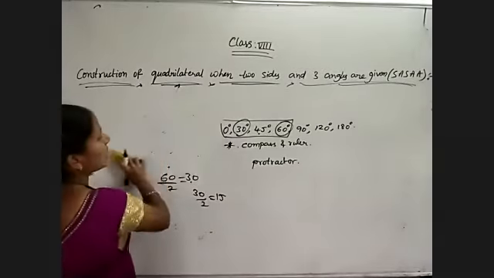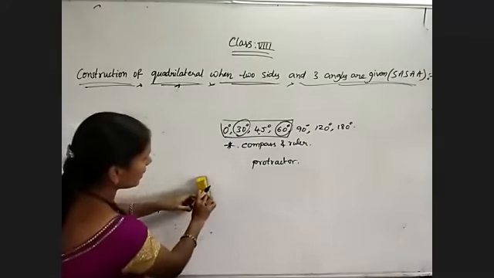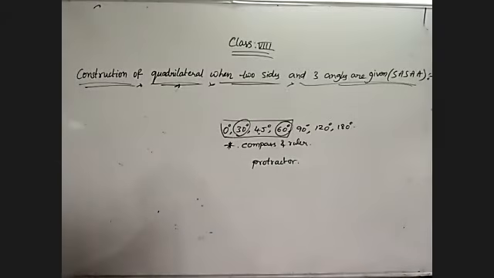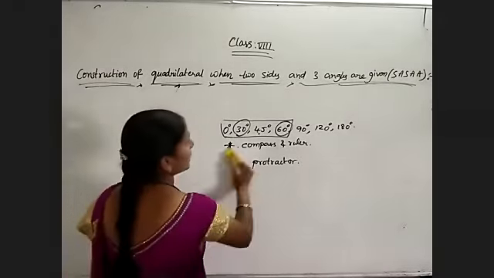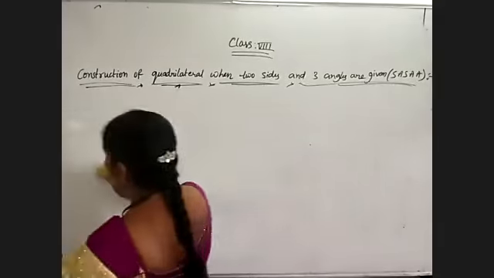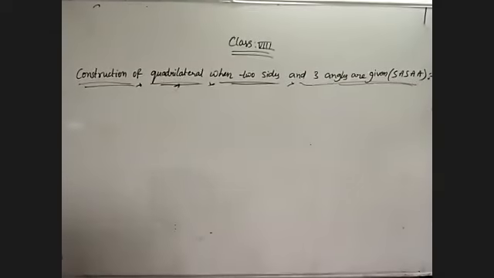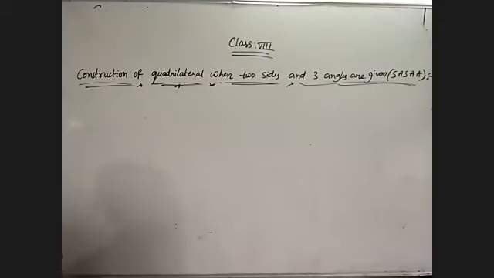Construction of quadrilaterals when two sides and three angles are given. In that case, how do we need to construct the quadrilateral? For that, I am giving an example.